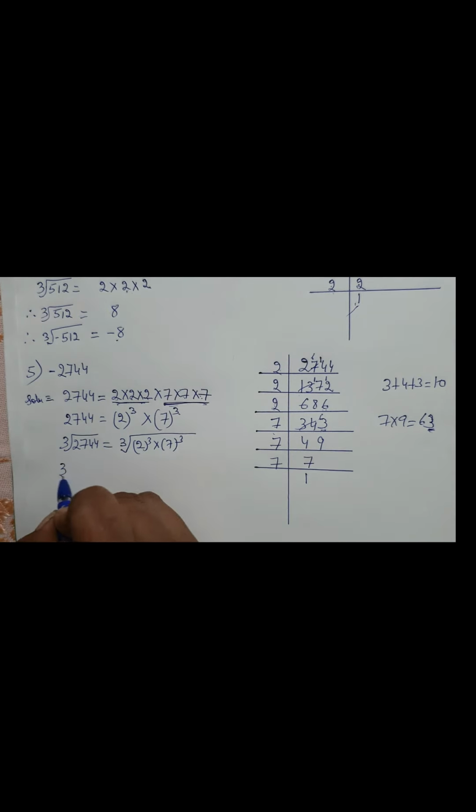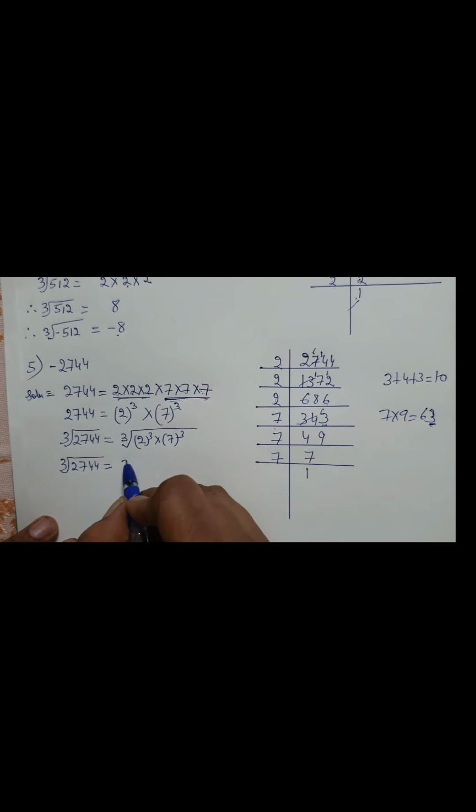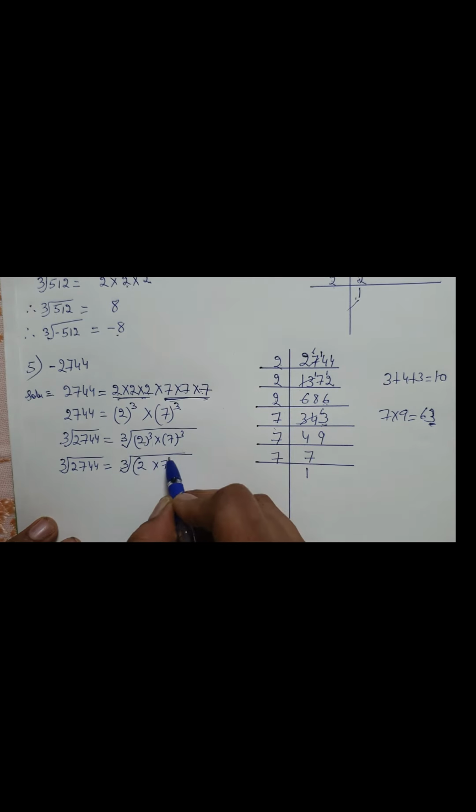Now again we will put this cube root of 2744 is equal to, now we will write the same thing. We will put here again the cube root and this radical sign, and we will bring these numbers here, without this bracket, and put them in a big bracket. And this 3 and this 3 are written separately, so we will put it as common. Okay, so for this bracket we will put common 3.